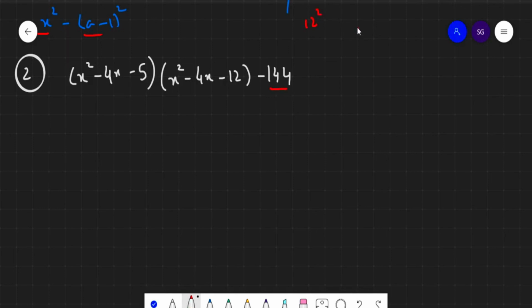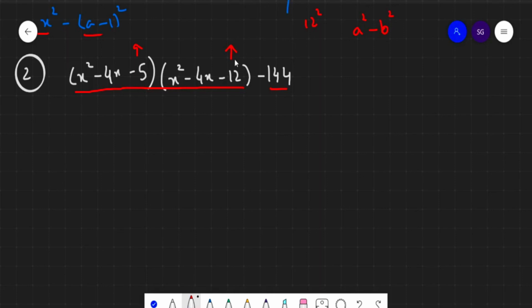So if I could make this question in this structure, a squared minus b squared, the difference of two squares, that means if I could make this first term as a square of some number, I could use that result on a bigger scale. But the problem is, these brackets are not the same. This is negative 5 and this is negative 12. So I can't write this as a whole square of something.